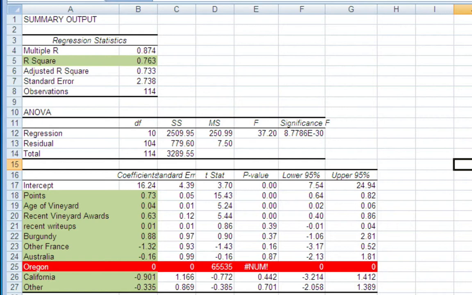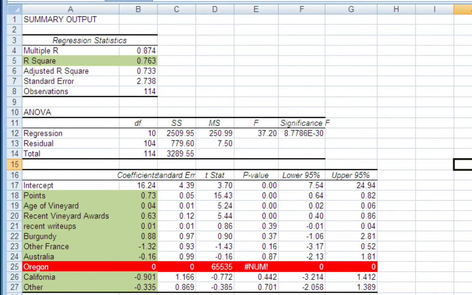What went wrong was that we have Burgundy, other France, Australia, Oregon, California, and others. So we have 6 different regions, and we have 6 dummy variables. Now, if you recollect, when we had only California as a region, we had basically 2 regions, California and other.